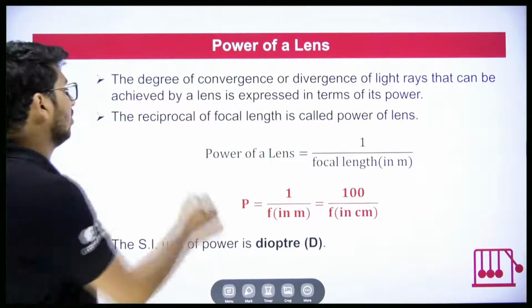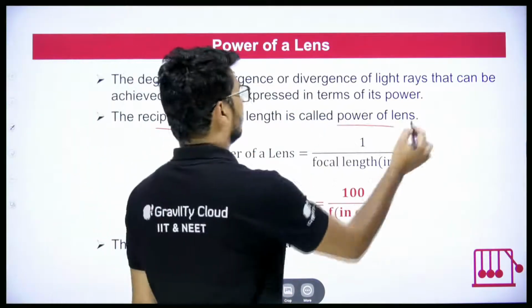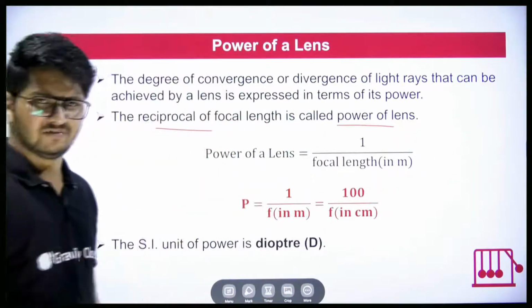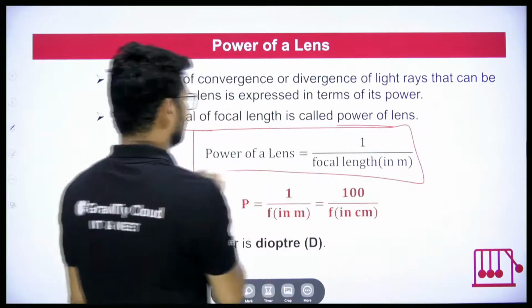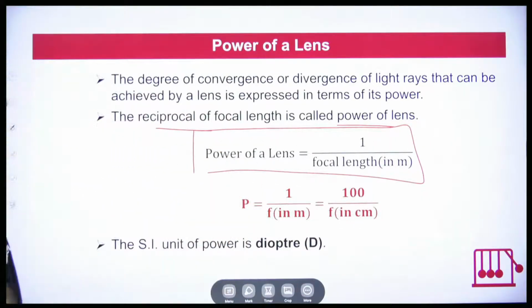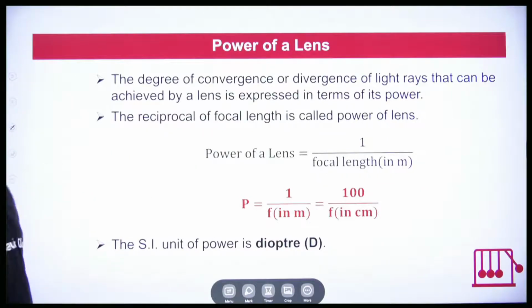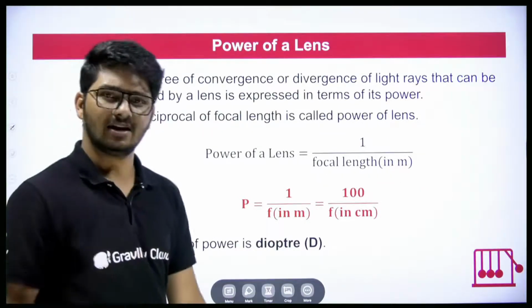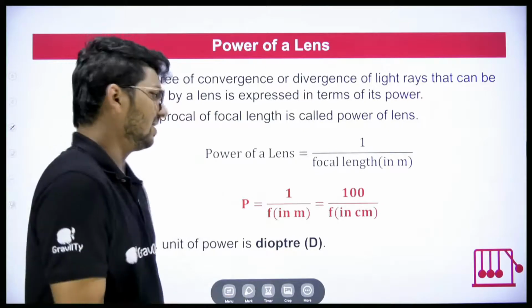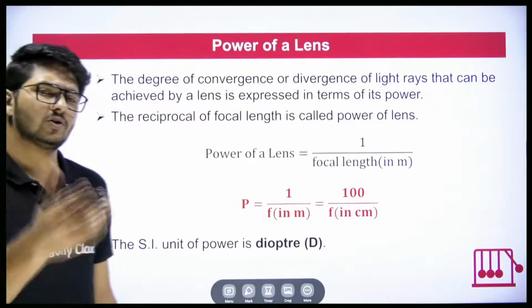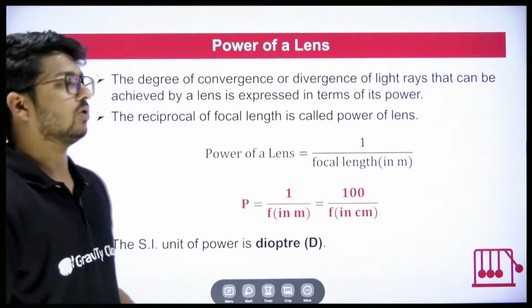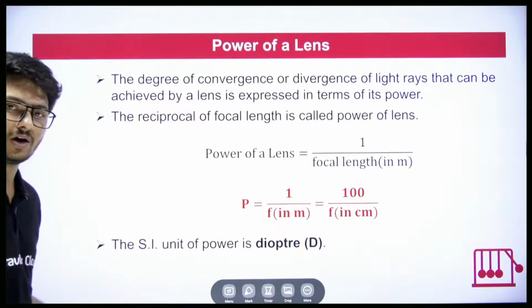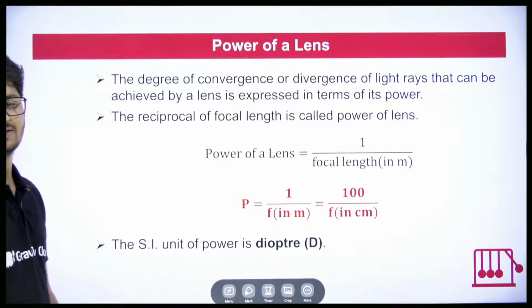So the reciprocal of focal length is called power of lens. That's it. Power of a lens is the reciprocal of what? Focal length. Now generally, focal length can have any units, and most of the questions that we come across will be in centimeter. So depending on the units of focal length, the formula slightly changes.